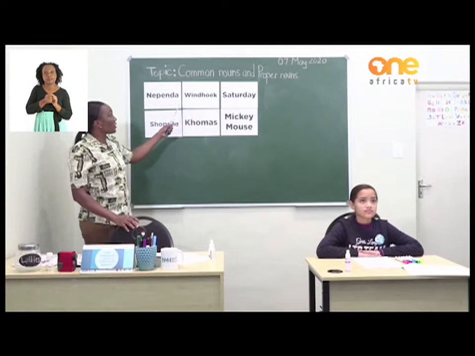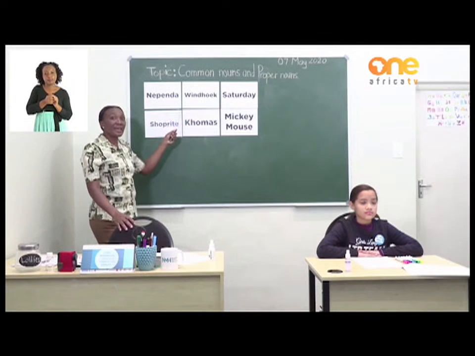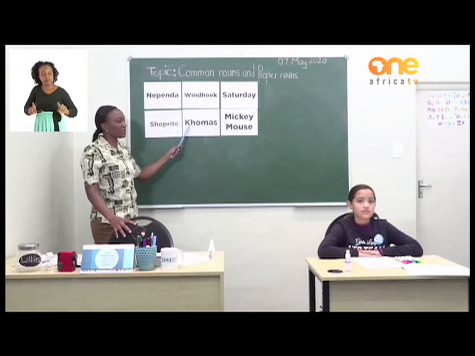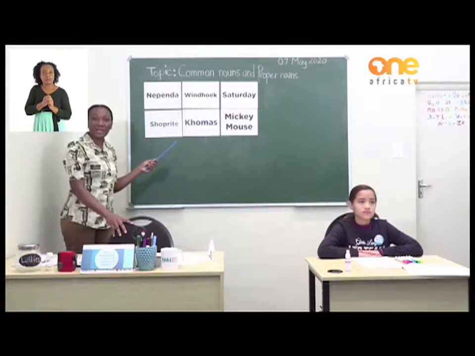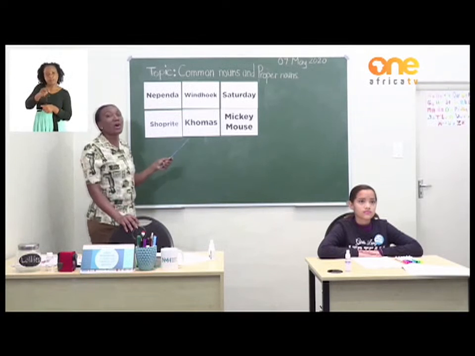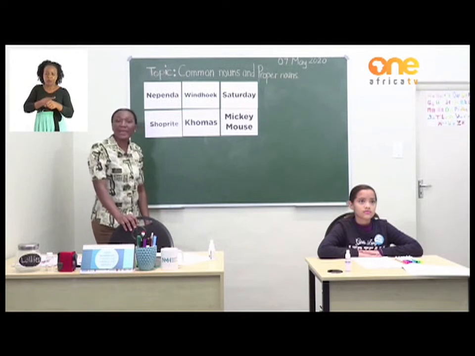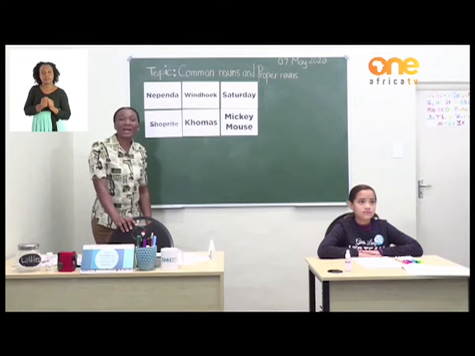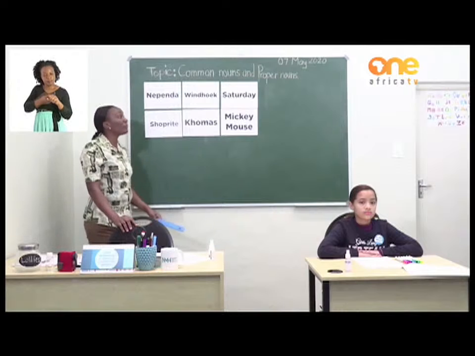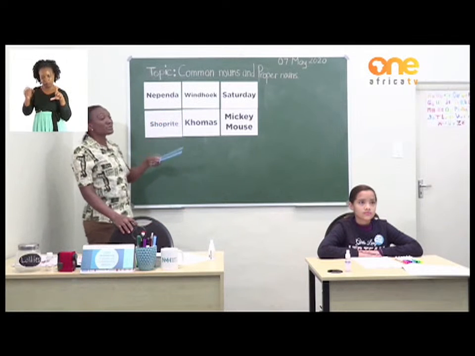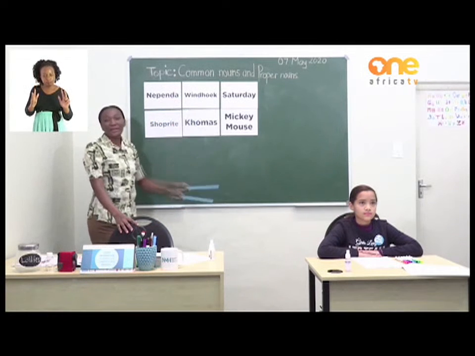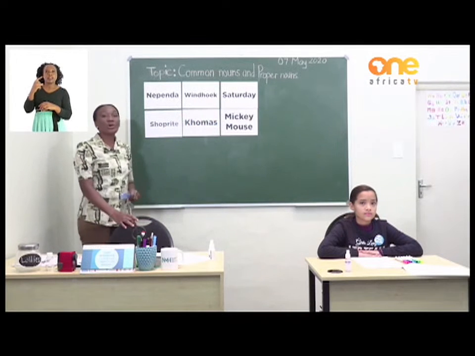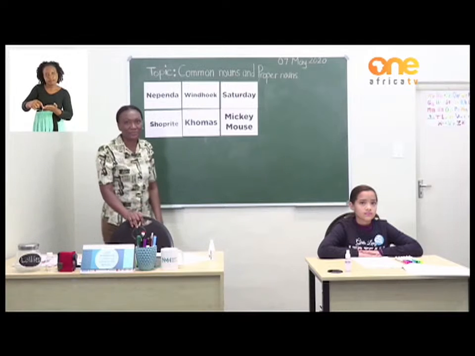Now, on the chalkboard, you can see that I have written different names, okay? Now, remember that proper nouns are always written with a capital letter. You must always capitalize the names of people, the names of places, the names of the days of the week. You must always capitalize them.